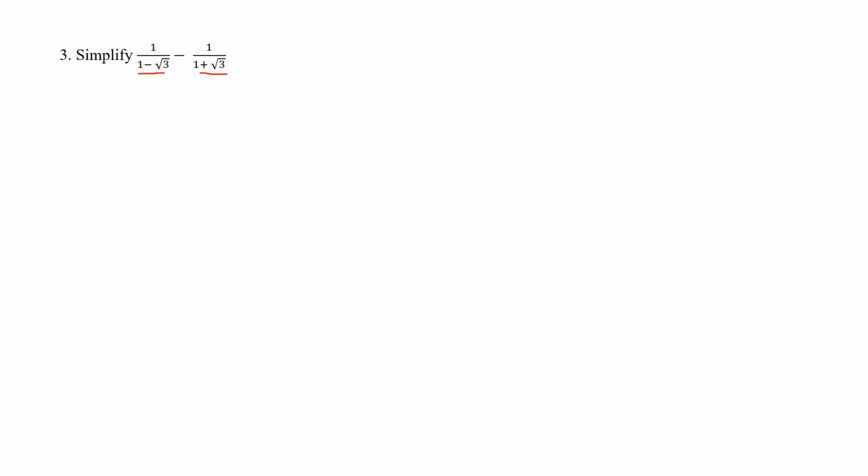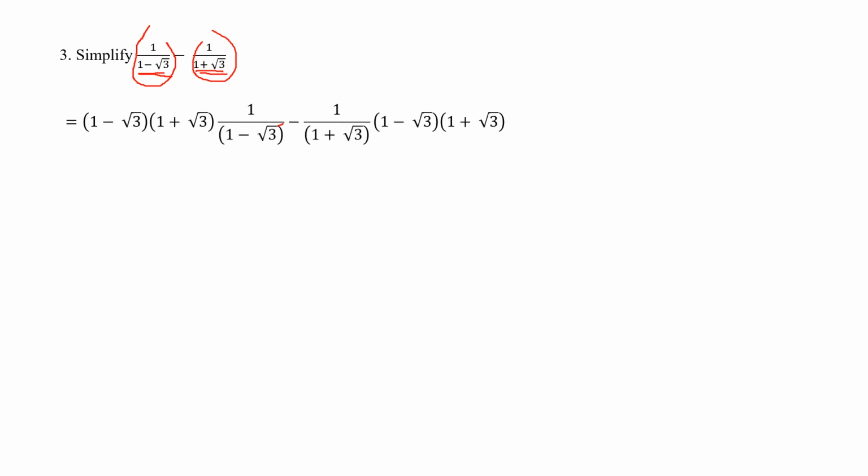So we need to determine the LCM, and the LCM is going to be the multiplication of, again, these two denominators. So when I multiply here by the LCM, even there by the LCM, this is what I have. So you can see that this is going to cancel out with that, and also this is going to cancel out with that.